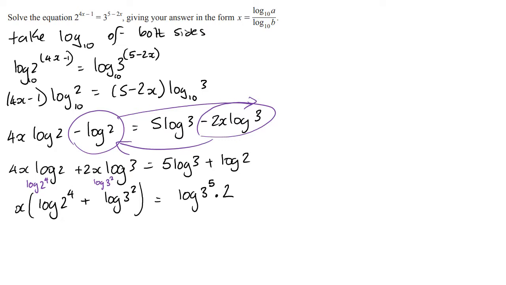So again, x will equal log of 3 to the power of 5 times 2, which is 486. And on the bottom, when I combine these two using the multiplication rule, it is log of 2 to the 4 times 3 squared.